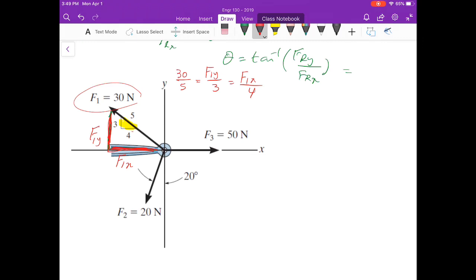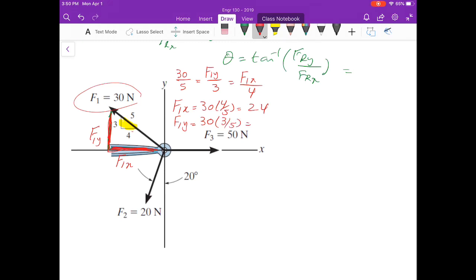Then if you cross multiply and solve for them, you will get F1x is equal to 30 times 4 over 5, which is 24, and F1y is equal to 30 times 3 over 5.